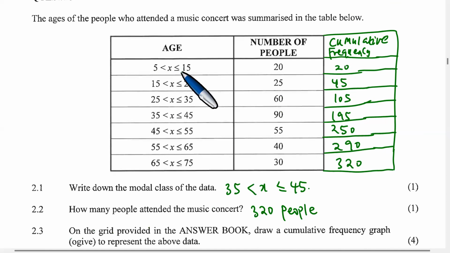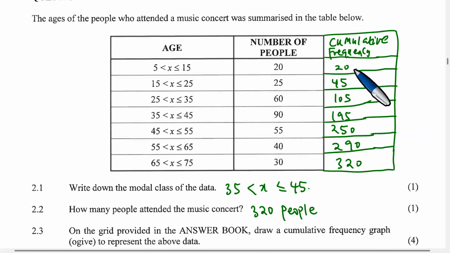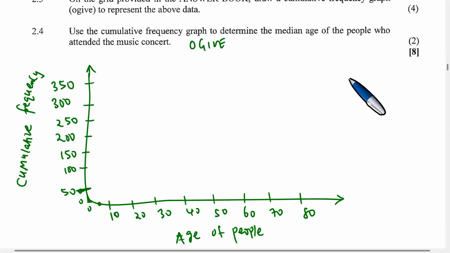And now 15 itself is certainly included. So at 15, we have 20. So you come here and you then say at 15, you have 20. And you're going to have something like this.